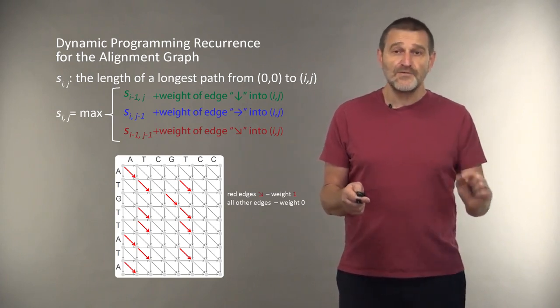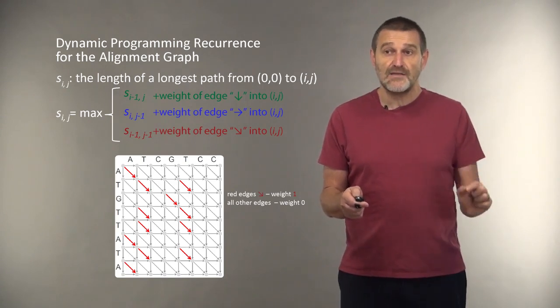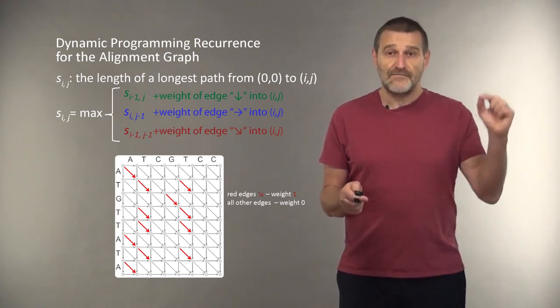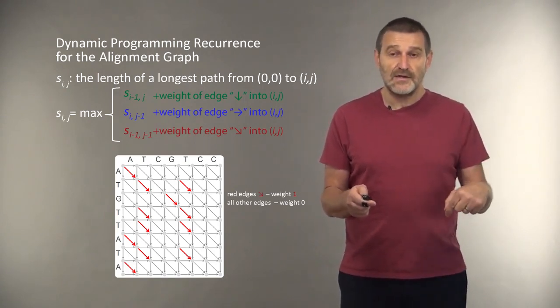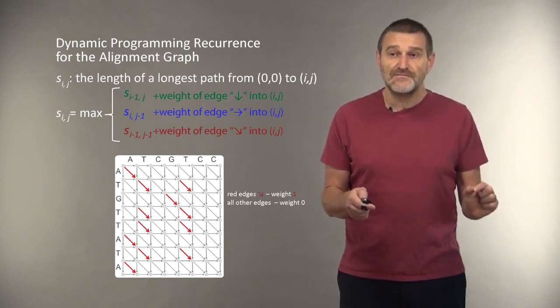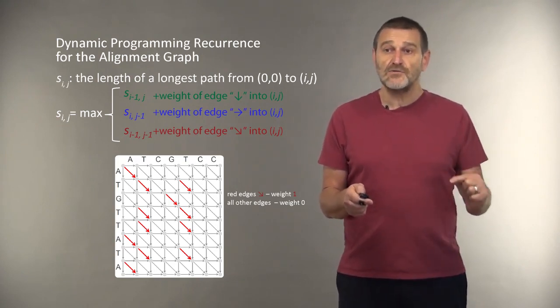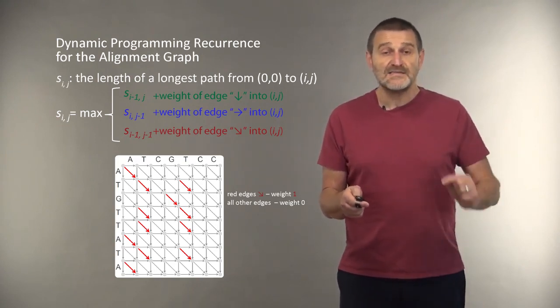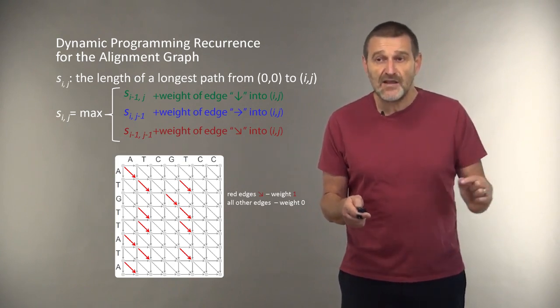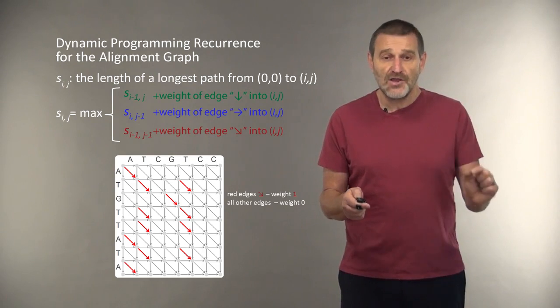We can either compute S_ij as S_i-1,j plus the weight of the vertical edge into node (i,j), or S_i,j-1 plus the weight of the horizontal edge into (i,j), or as S_i-1,j-1 plus the weight of the diagonal edge into (i,j).